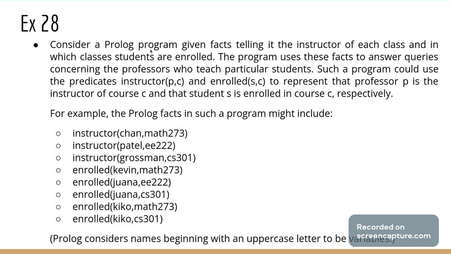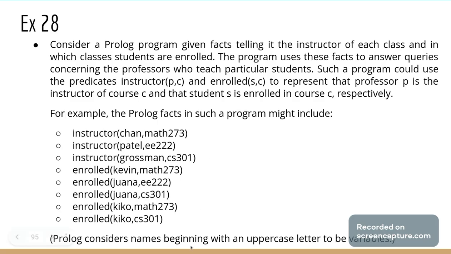Consider a Prolog program given facts telling it the instructor of each class and in which class students are enrolled. The program uses these facts to answer queries concerning professors who teach particular students. Such a program could use the predicates instructor(P, C) and enrolled(S, C), where P is for professor, C is for a particular course, and S is a student.